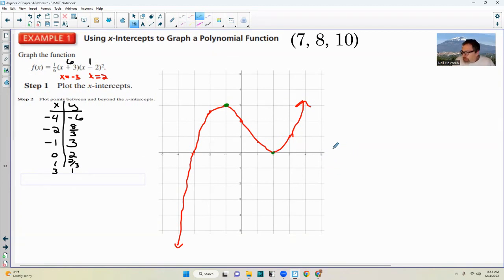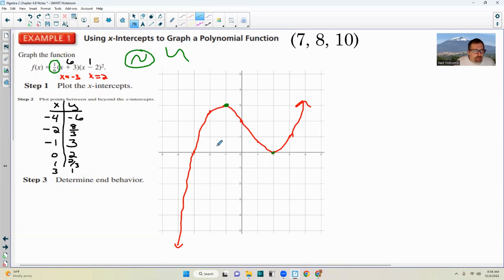Okay, so step 3 is to determine the end behavior. So looking at this, this is degree 2, this is degree 1, totaling a degree of 3. So degree 3 functions can either do this or go down, up, down. And obviously A is positive, so this is what it should look like.